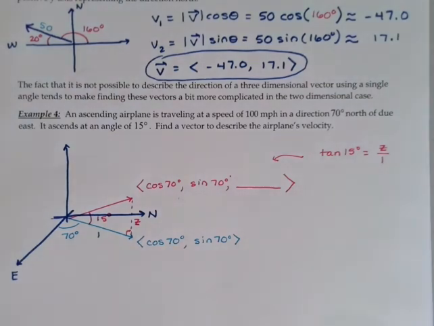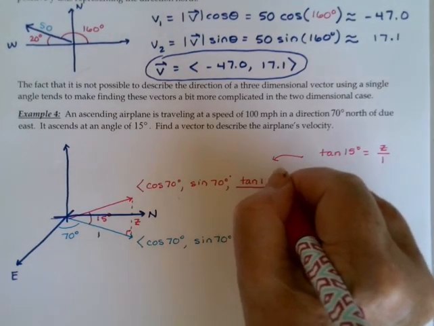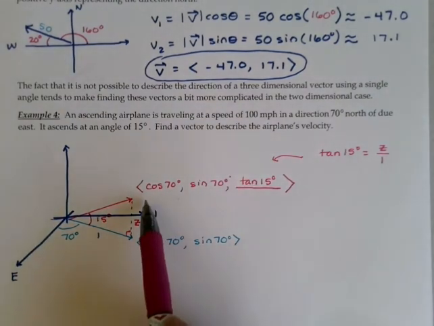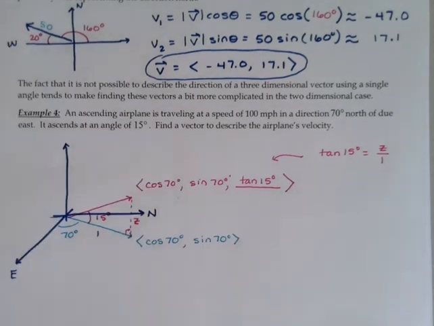Or simply that z is equal to the tangent of 15 degrees. Okay, I now have a vector that's in the correct direction. In order to get the actual velocity vector, I'll turn this vector into a unit vector and then multiply it by 100.